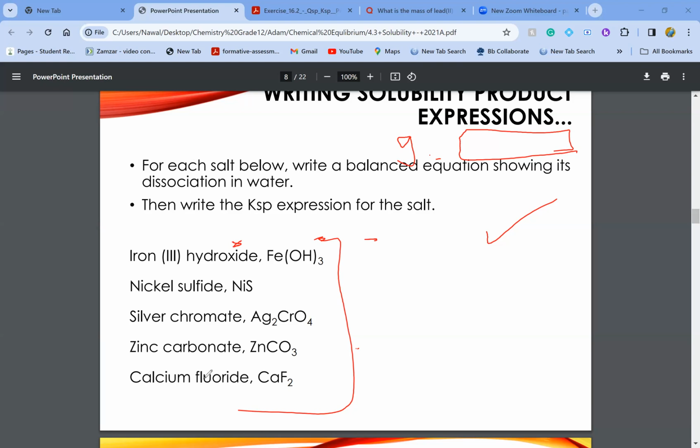I forget his name. Jawad, are you here? Mubashir, you are not here.